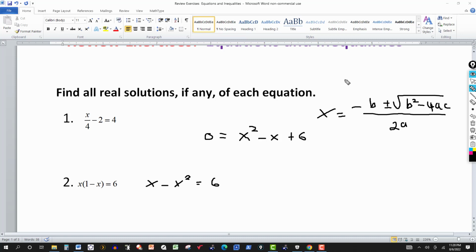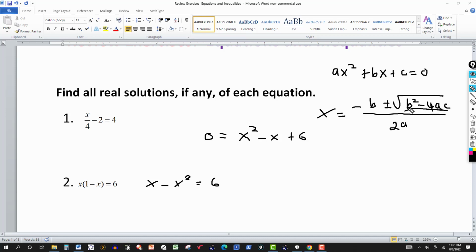And of course, that's the formula used for a quadratic equation, which has the form ax squared plus bx plus c equal to 0. a is the coefficient of the x squared term, b is the coefficient of the linear term x, and then we have a constant c. Now here we want real solutions only. Instead of plugging everything into the formula, we look at the discriminant right here. This will determine whether we have real solutions or non-real solutions.